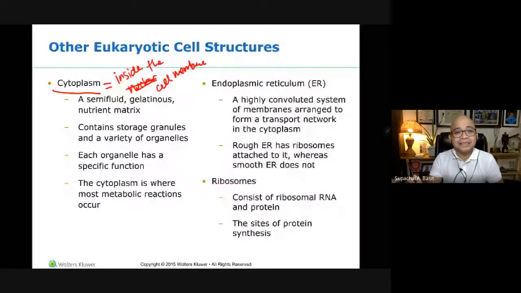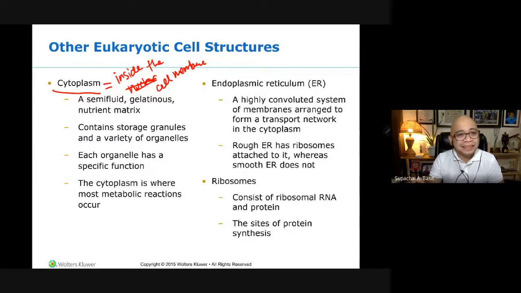So let's talk about the different eukaryotic cell structures. First we have the cytoplasm. The cytoplasm is found inside the cell membrane. Physically speaking, it is made up of a semi-fluid gelatinous nutrient matrix.